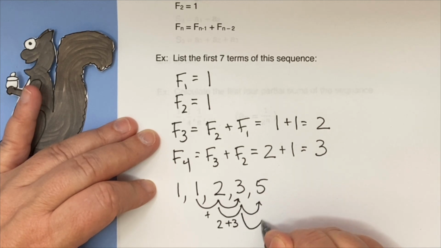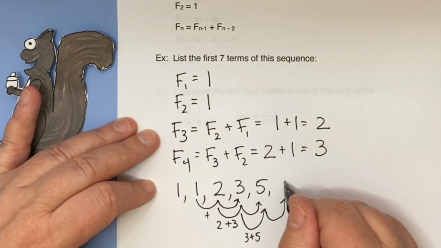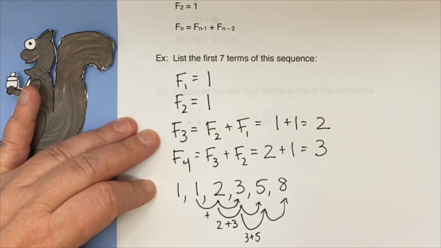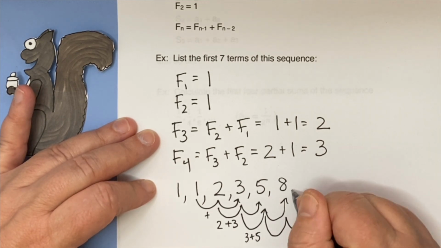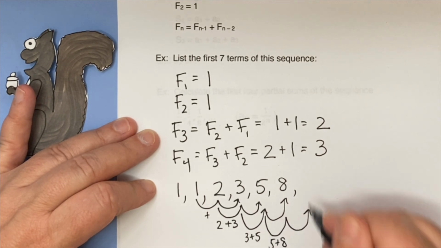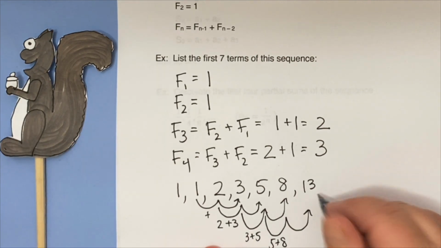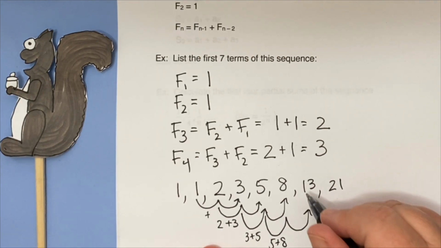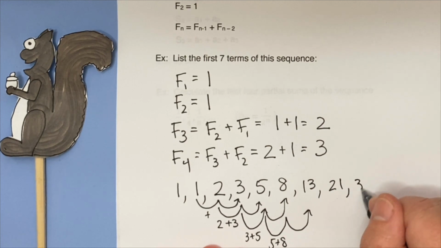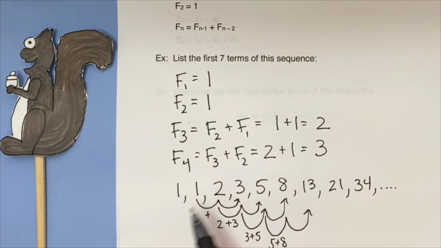Okay. 3 plus 5 equals 8. 5 plus 8 equals 13. 8 plus 13, 21. 13 plus 21, 34. And so on and so forth. So I don't know, did we get to the first 7 terms? 1, 2, 3, 4, 5, 6, 7. Yeah, we more than met it.